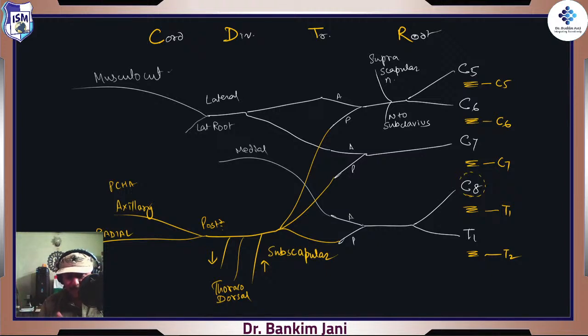This is the lateral root, which will be joining the medial root, and they will form the median now. So that's why in reply I wrote this in capital, median, not the medial, right? This is the median now.